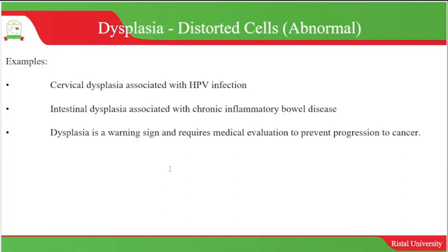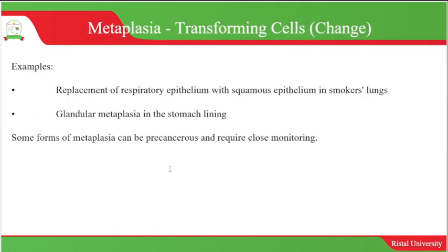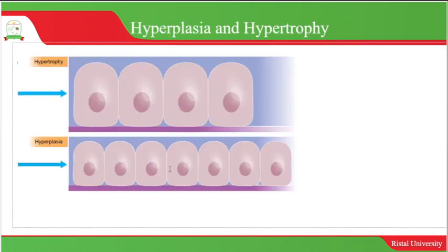We have also said that some of them may increase in number, and we have said that is hyperplasia, and some of them may increase in size, and we have said that is hypertrophy.